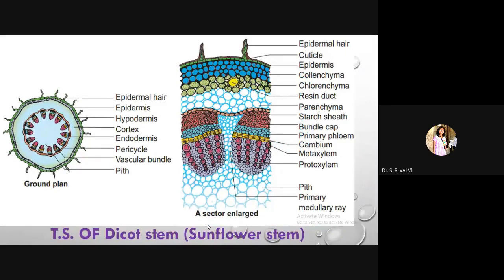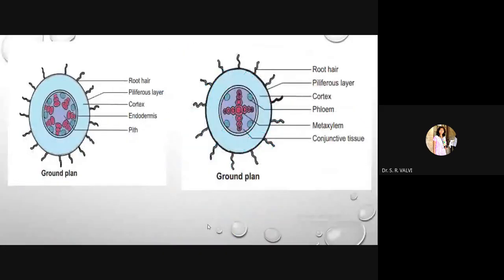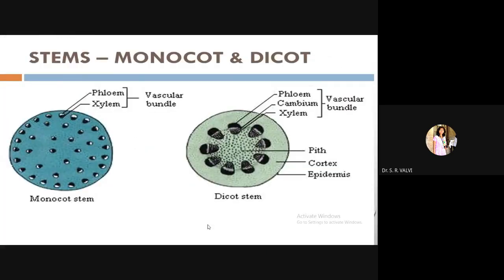Now next come towards the dicot stem and monocot stem. Before beginning with the enlarged structure of the dicot and monocot stem, I want to explain the ground plan of both of these stems.